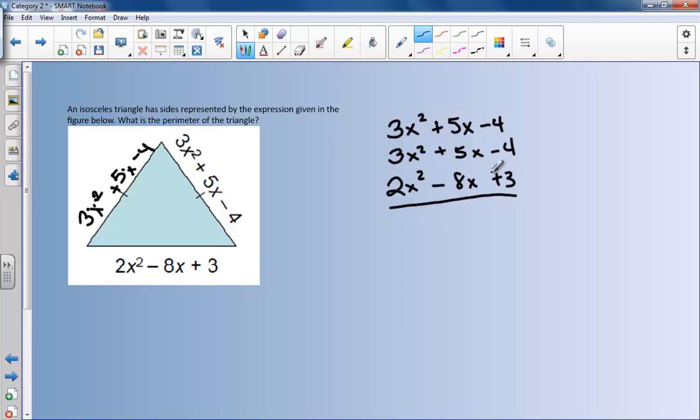And I'm going to just combine all my terms. So I have negative 8 plus 3, or negative 5 here. I have 10x minus 8x, which leaves me with 2x here. I had 6, 7, 8x squared. And this was a positive 2. So this is the perimeter of the given triangle.